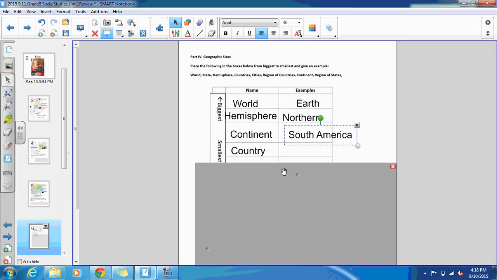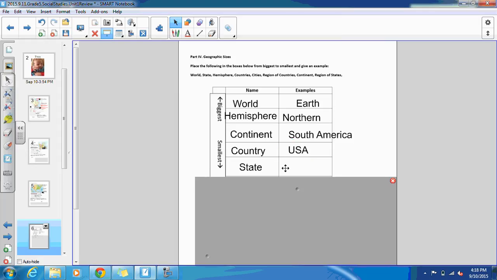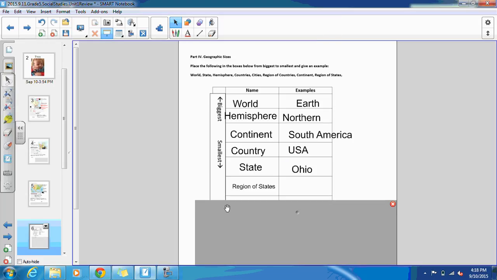Okay, continent, then country. You can put USA, you can put Mexico, you can put any country you know. Just make sure it's not a state or a continent. State. Ohio, New Mexico, California. Anything from our 50-state challenge would do fine. Region of states. We didn't really go over this, so if you got this one wrong, oops, actually this is in the wrong order.